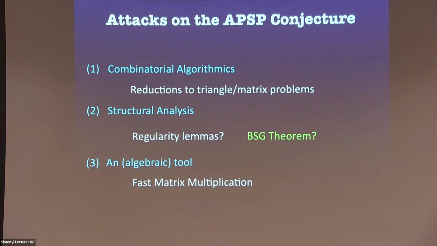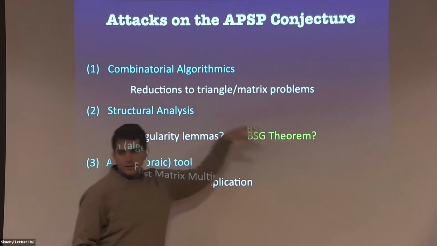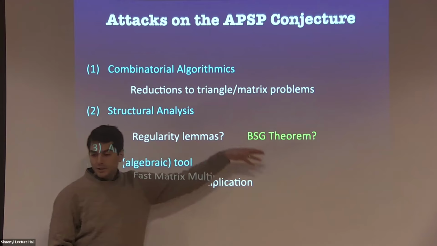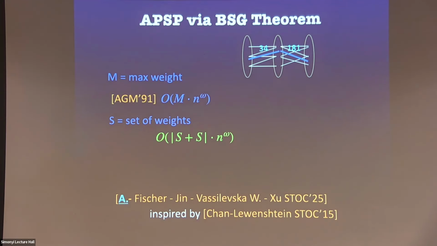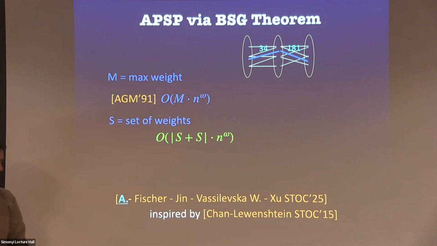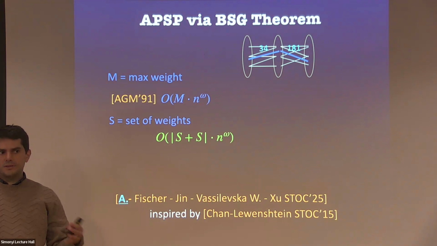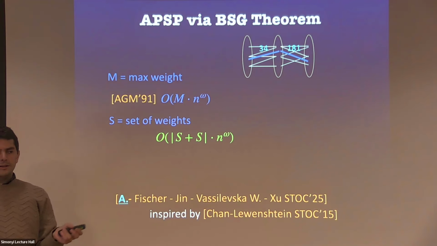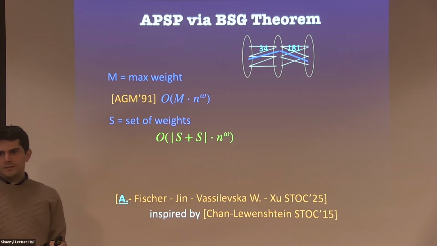So how does additive combinatorics come in? I view this BSG theorem as just another way of getting regularity, some kind of structural analysis of the weights. This is a theorem that says you have a set of numbers, a set of weights, and you can decompose them or cover them with few sets, such that every set has a small sumset, plus a remainder.